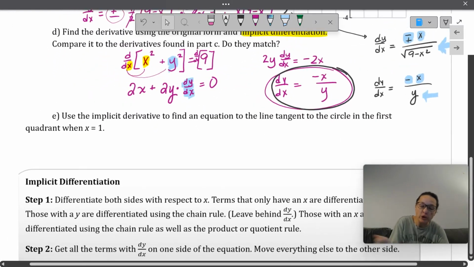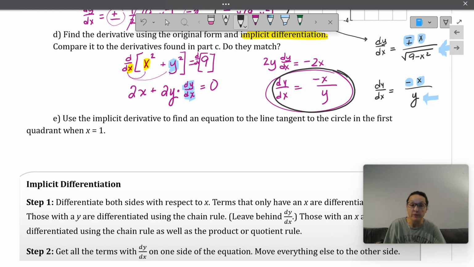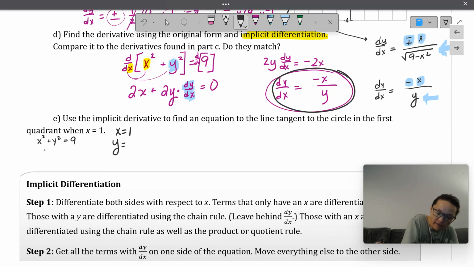So now we're going to use the implicit derivative to find an equation of the tangent line to the circle in the first quadrant when x equals 1. All right, if I need a tangent line, I need x, y, slope. X, 1, cool. Y, well, I got to plug 1 back into the original. So it was x squared plus y squared equals 9. If x is 1, y squared is 8, which makes y plus or minus radical 8.